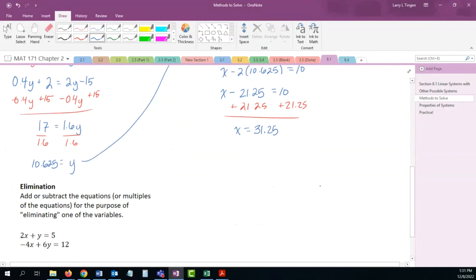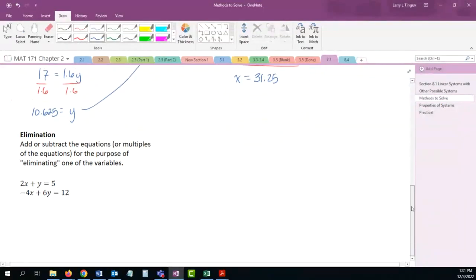The other method of solving the system is called elimination. And for elimination, what we do is we take equations 1 and 2, and we're allowed to multiply them by any coefficient we want to, right? If I multiply the left and the right-hand side of an equation by 2 or 3 or 4, as long as I do it on both sides, it's still legal.